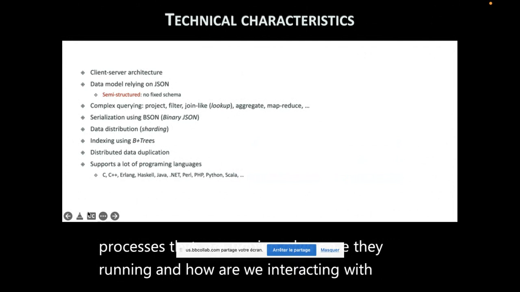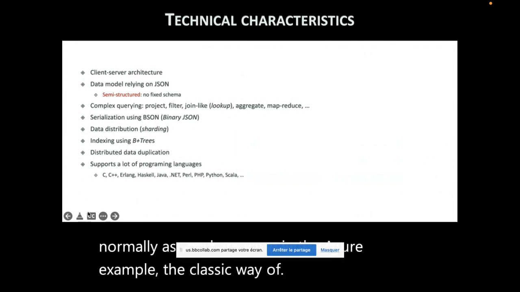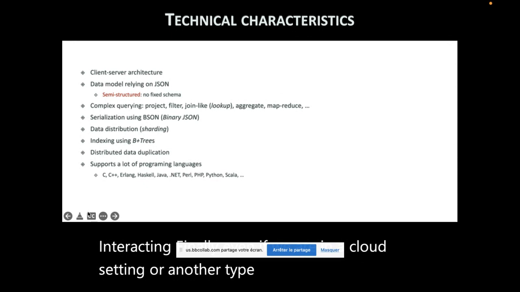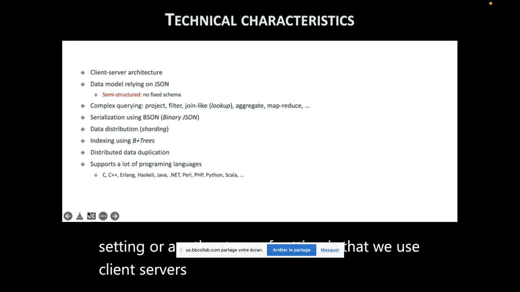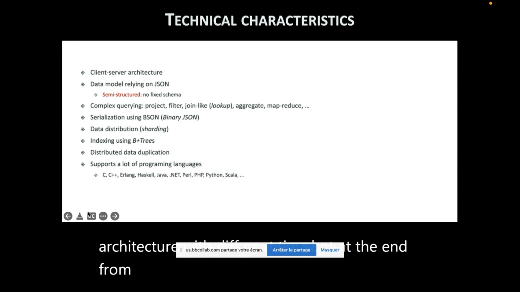Normally, as you have seen in the Azure example, the classic way of interacting, even in a cloud setting or another type of setting, is that we use client-server architectures. Then we have evolutions of the classic client-server architecture with different tiers, but at the end, from process to process, we use client-server architectures.